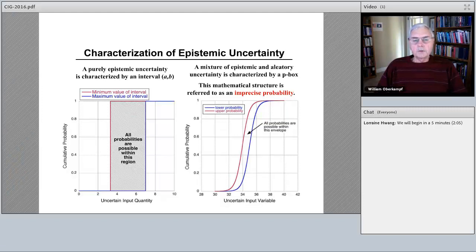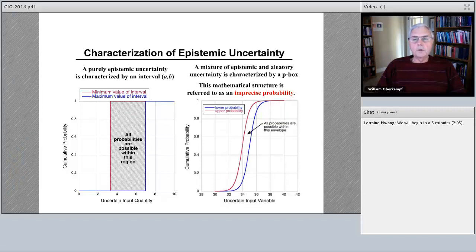and you could draw them as two cumulative distributions. And you say, how in the world do you interpret this kind of thing? What it says is that the cumulative distribution has bounds on it, a lower and upper probability, and all values in between, let's say for this quantity at a value of 34, from a probability of 0.1 up to a probability of about 0.5, all of those are possible, but I know no likelihood.